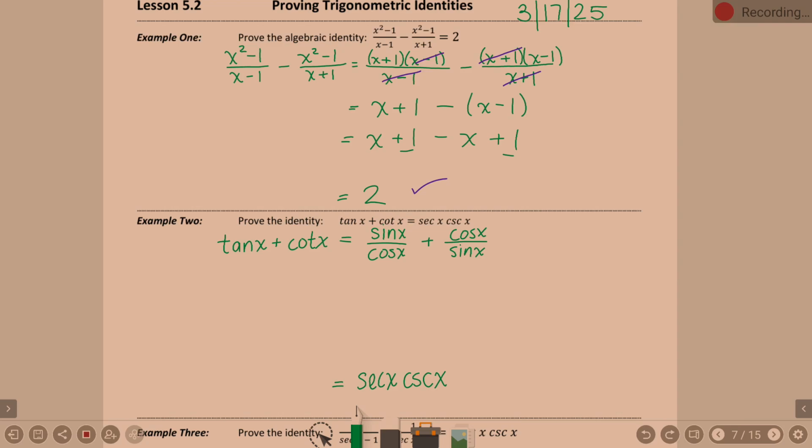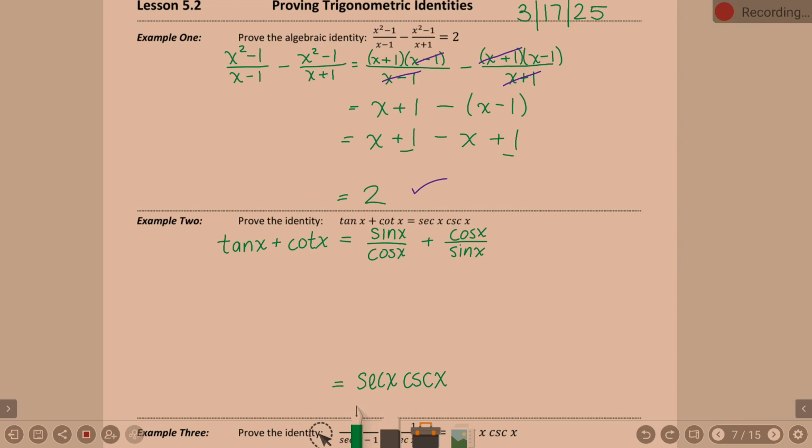We have 2 fractions being added. So what is a good step when you have 2 fractions being added? To get that common denominator and add them, right? What would be a common denominator between cosine and sine?